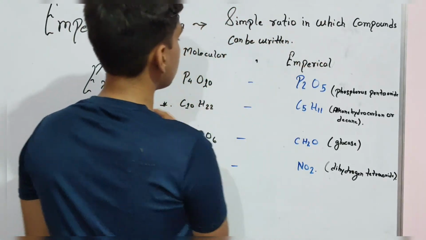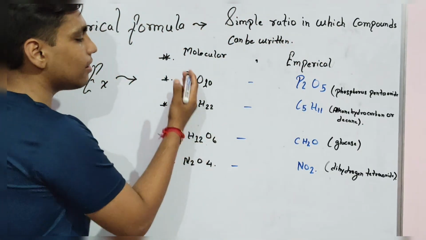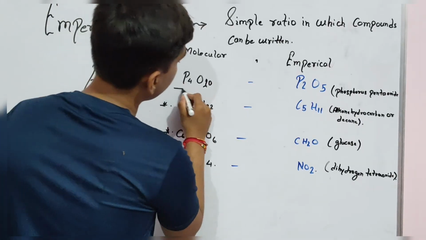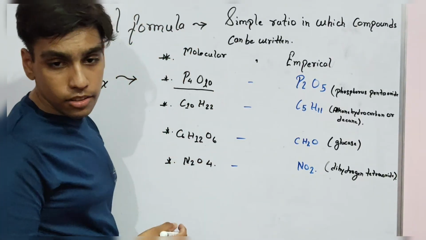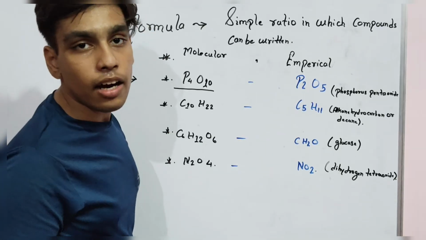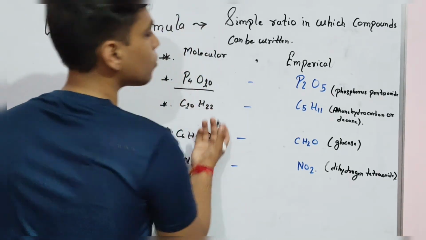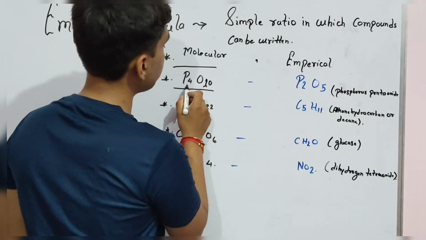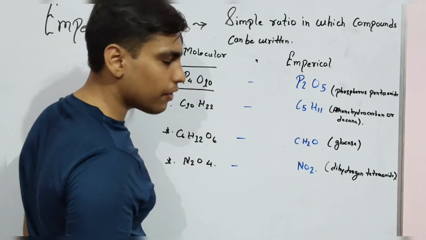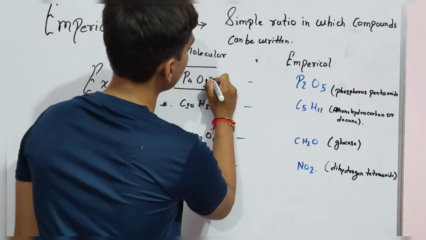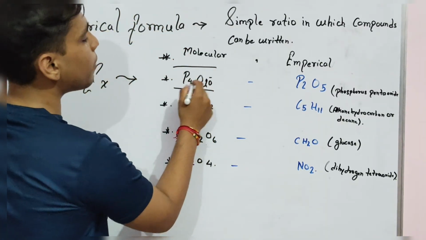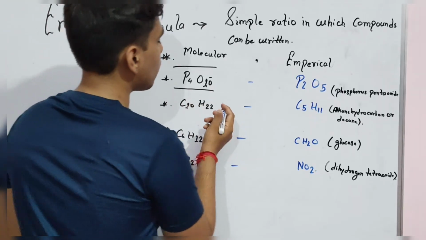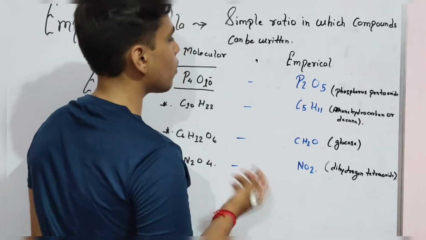Here we have some examples. We have P4O10. P4O10 is called phosphorus pentaoxide. Here we have molecular formula P4O10, and we will take it to the smallest ratio, or we will multiply by the same number for our number of atoms.